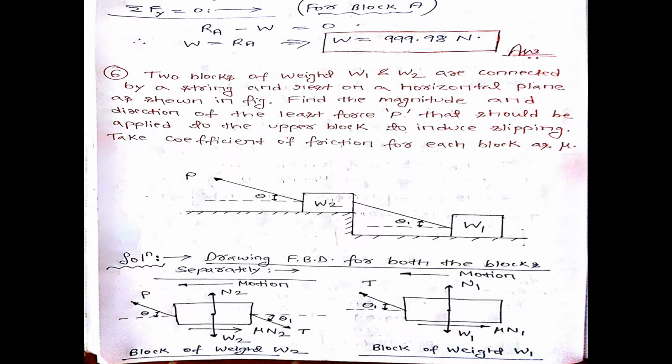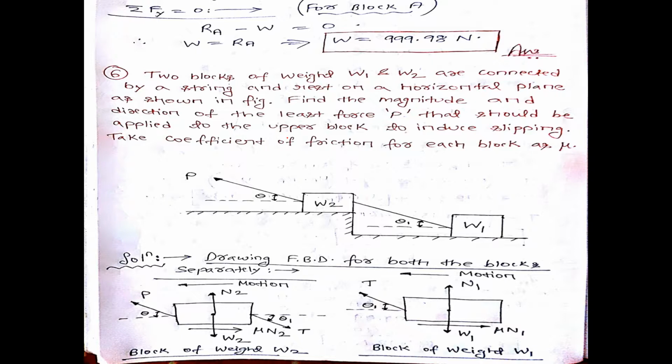Block W1 and the second block, whose weight is W2, are connected by a common string, and that string makes an angle theta 1 with respect to the horizontal from the first block. On the second block, force P has been applied at some angle theta with respect to the horizontal.